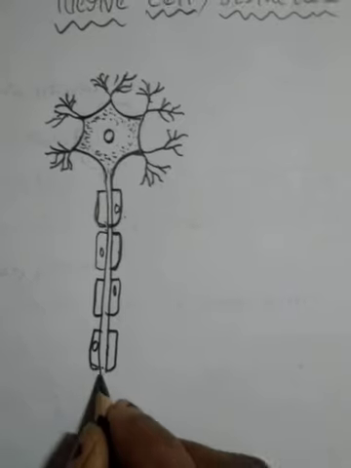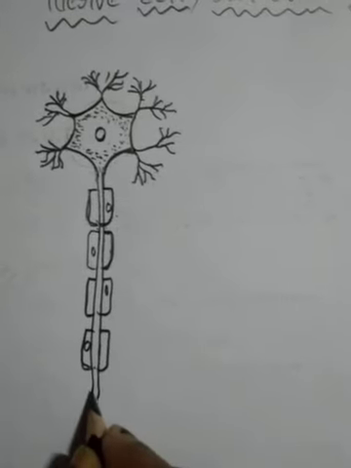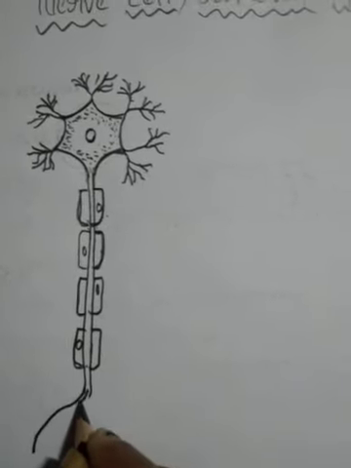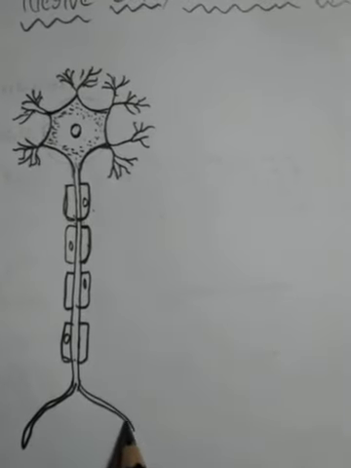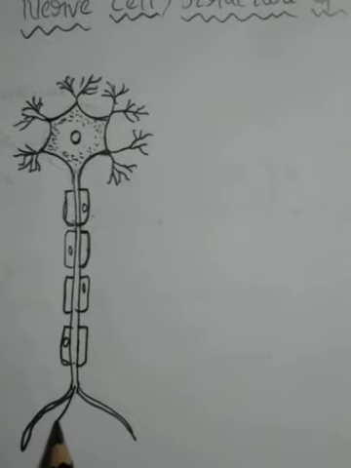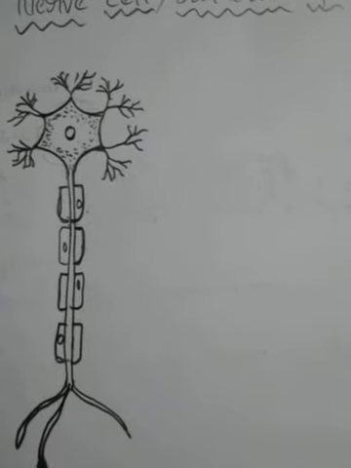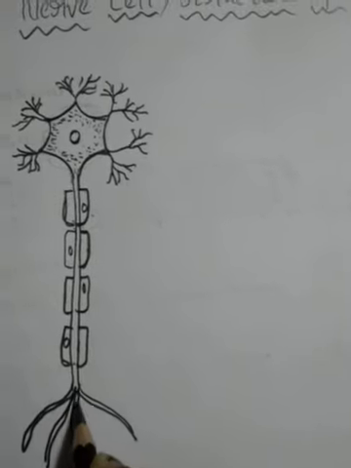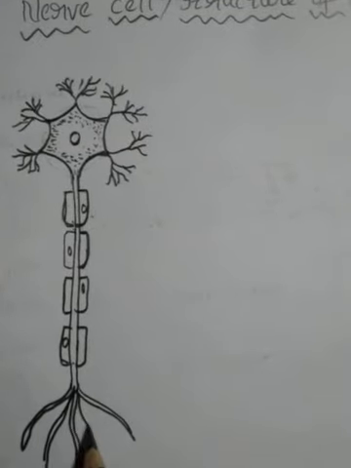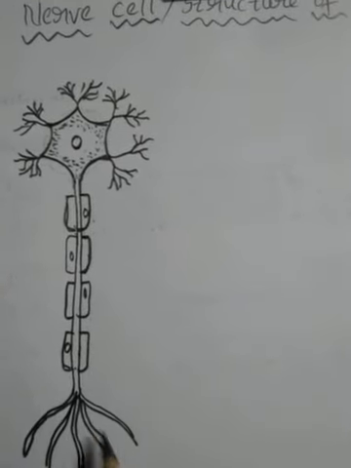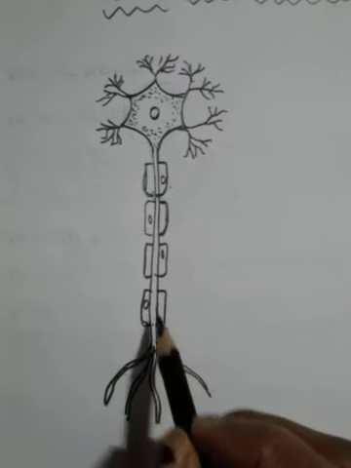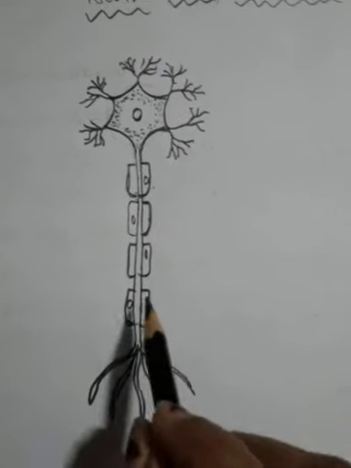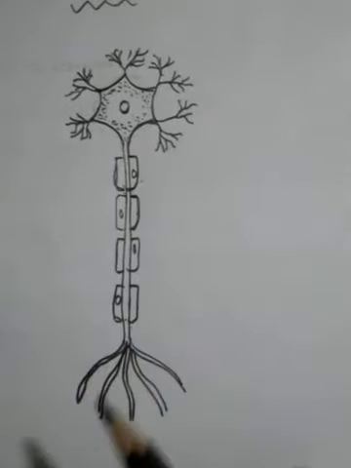Next, from this down, very thin, hair-like structures will arise from the base of the axon. This is the end part of the axon. This is the end part of one nerve cell, not the complete nervous system. That means one neuron.